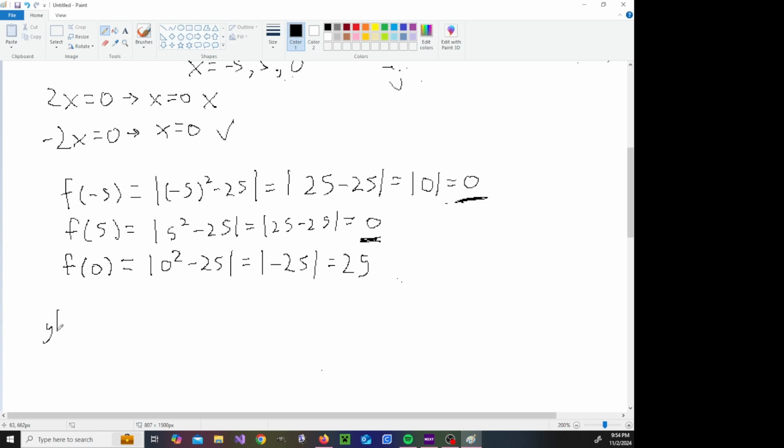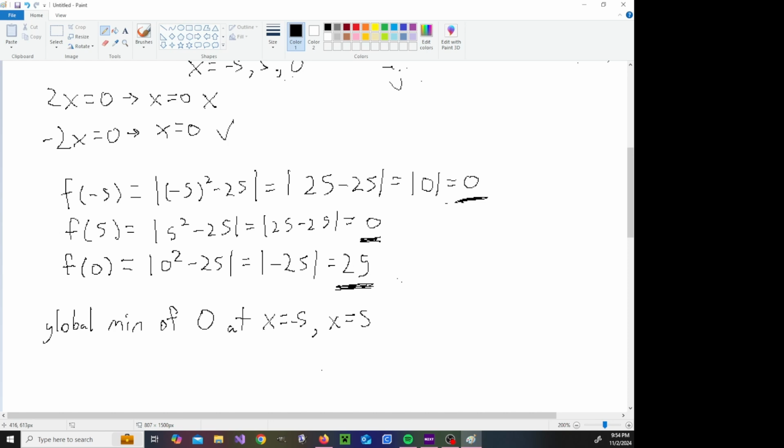So we have global minimums of 0 at two x values, -5 and +5.